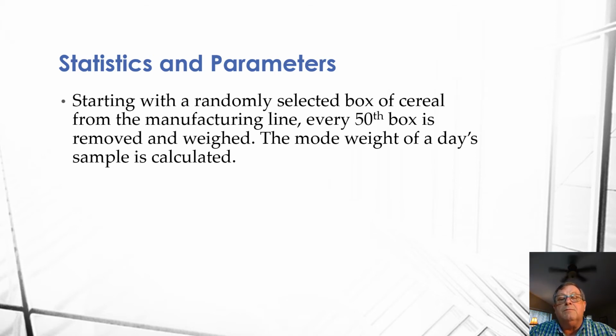Mode. Let me just address mode right quick. We have three measures of center, and they are called mean, median, and mode. Mean is just a simple average of the data collected.